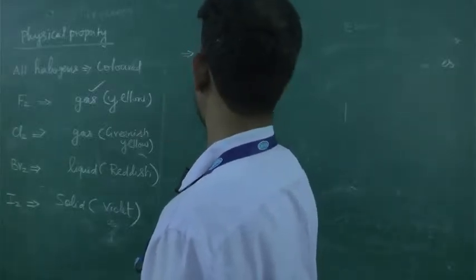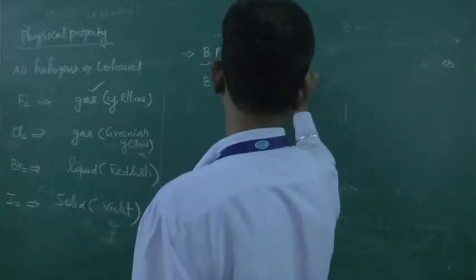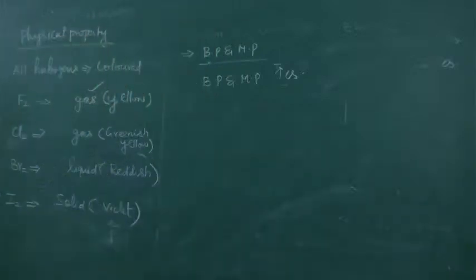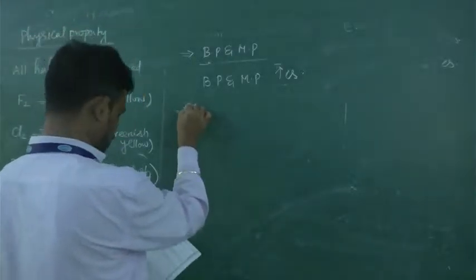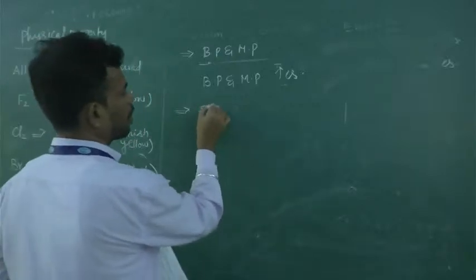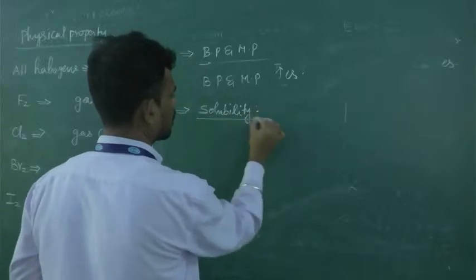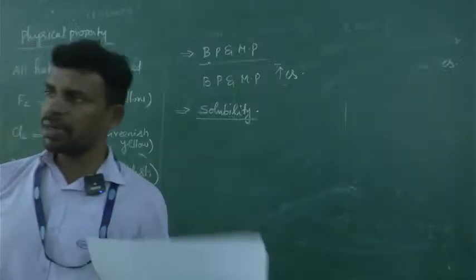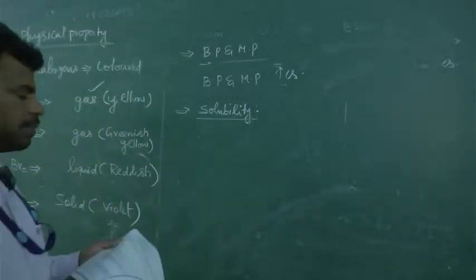Is it clear? Boiling point and melting point increase down the group. Atomic mass and atomic number increase down the group. Is it clear?